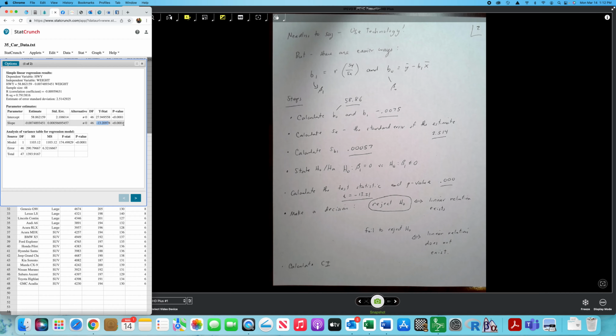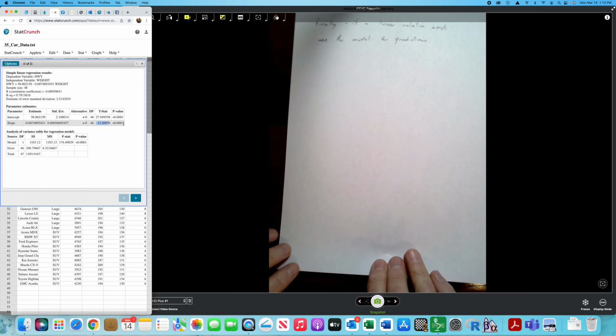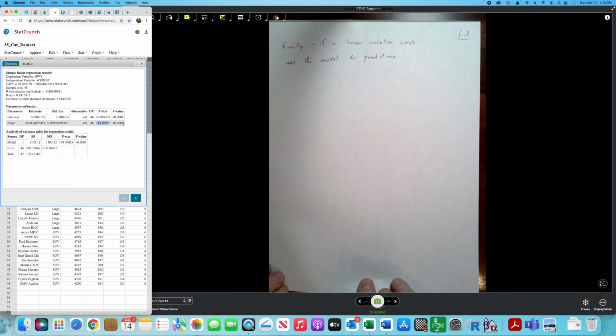Now, huge, okay, get this. This is important. I want to tattoo this one to the brain, put this in flashing neon lights in your notes. Just because, let's say that we end up failing to reject H sub 0, it doesn't mean that a relationship between the two variables doesn't exist. It just means that a linear relation between the two variables doesn't exist. For example, let me just go off script a little bit here.